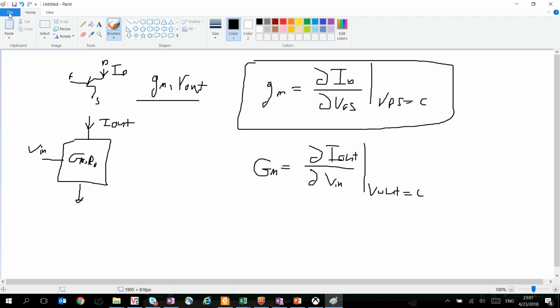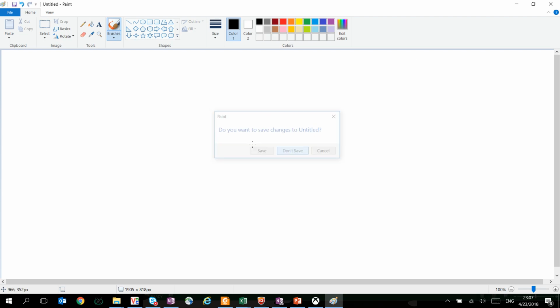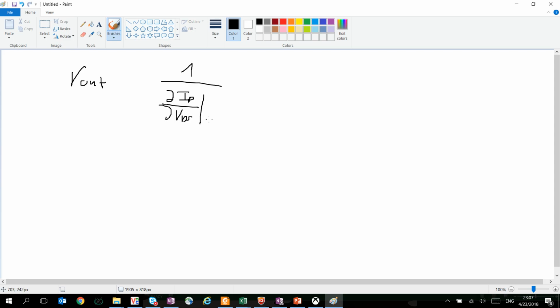If we look at R out, so R out of the transistor would be 1 over the partial derivative of ID by, instead of VGS, it would be VDS, where VGS is constant.